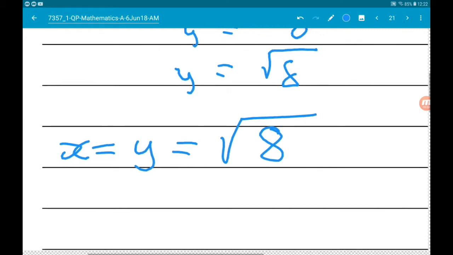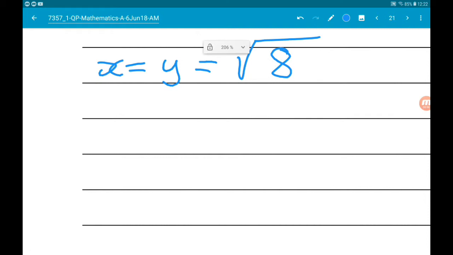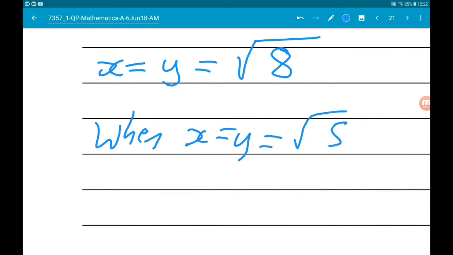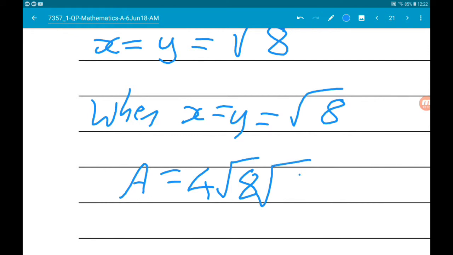So from this we can now work out the area that we would get. So when x is equal to y is equal to root 8, we know the area is 4 root 8 root 8, which would give us 32.